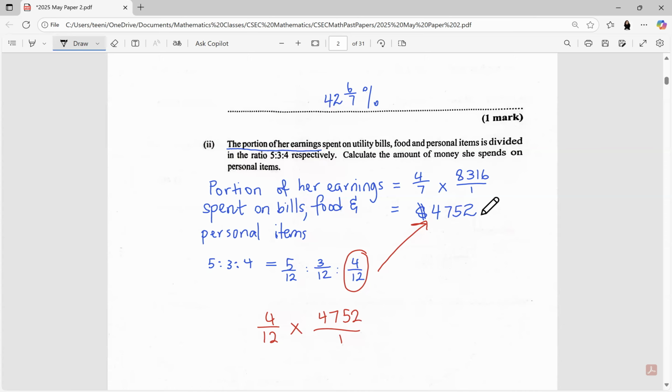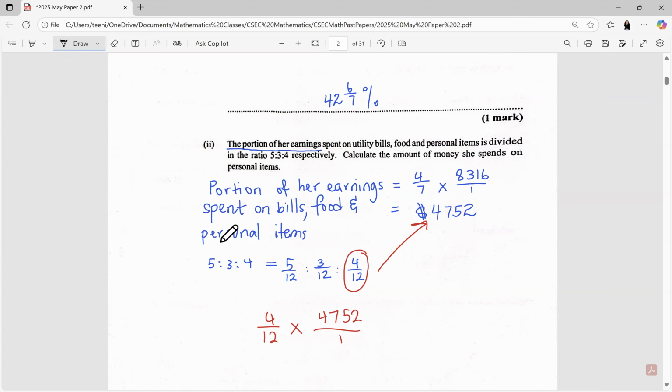And then we could move on to solving the amount of money spent on personal items, because we know the ratio in which this portion of money was divided into utility bills, food, and personal items. It was 4 out of 12, right?